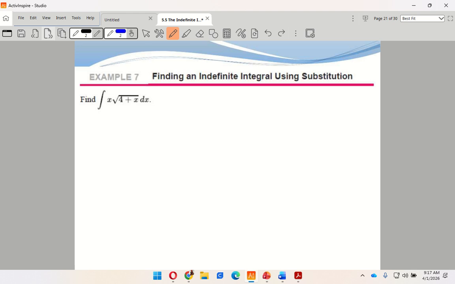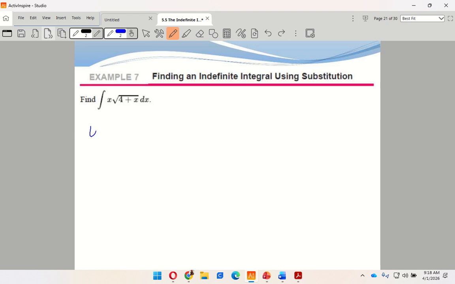Now, this one right here is an interesting one because it doesn't work out regularly. Anthony, what do you think I should call my u? The square root of 4 minus x. You have minus x or plus? Okay, so you say the square root of that? Remember, we have to think of it as the inside, just the inside, like I would do for a chain rule. 4 plus x.